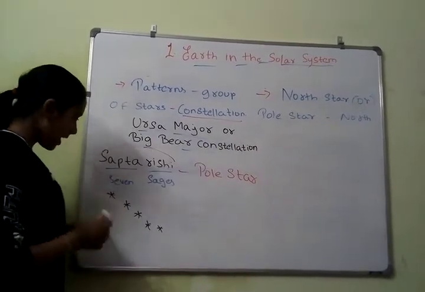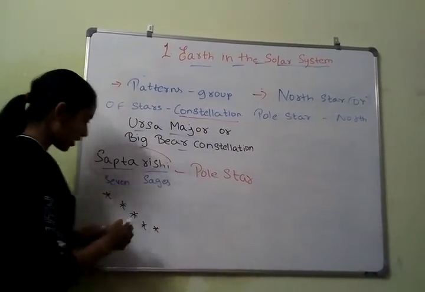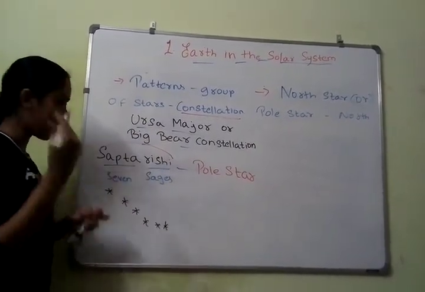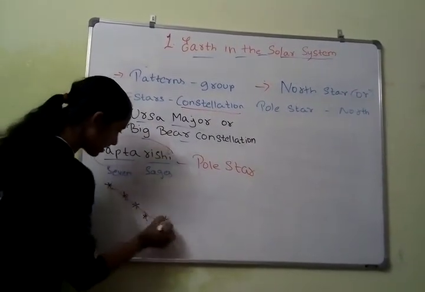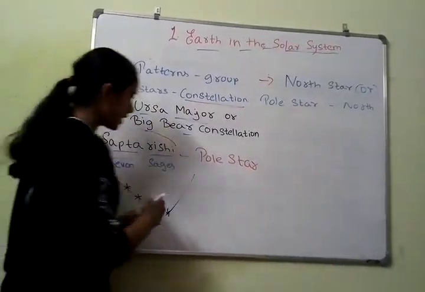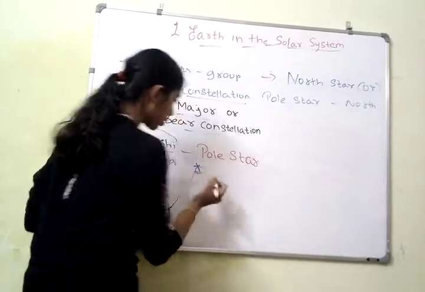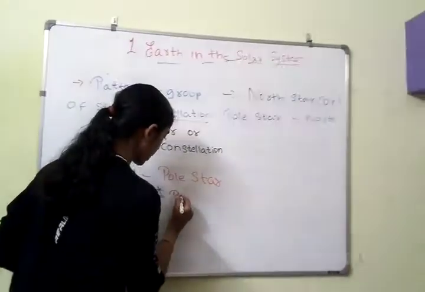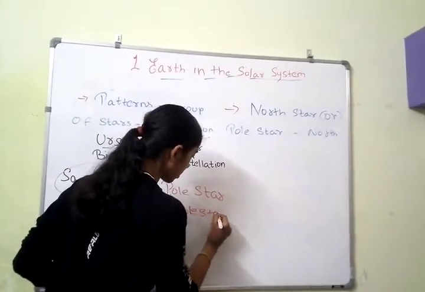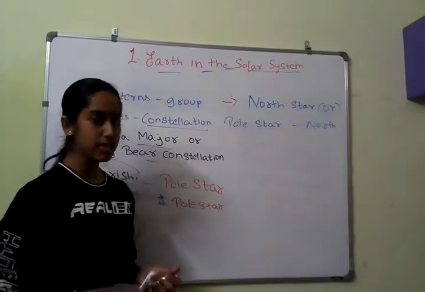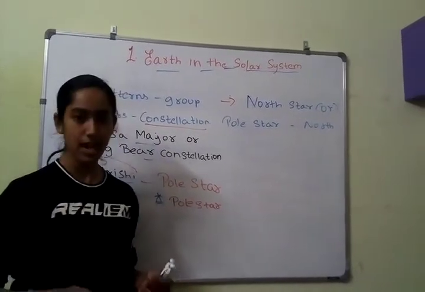If you join them like this, a pattern of stars, with the help of your eye, and you point like that, then you can find the North Star or the pole star. So in olden days they used to find directions like this.